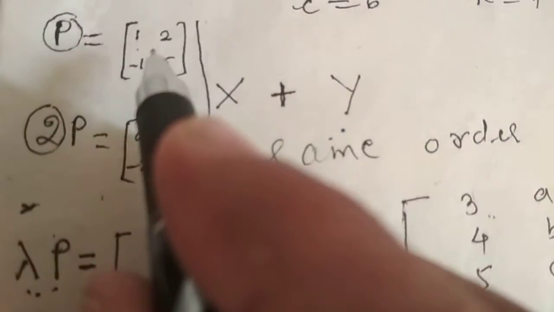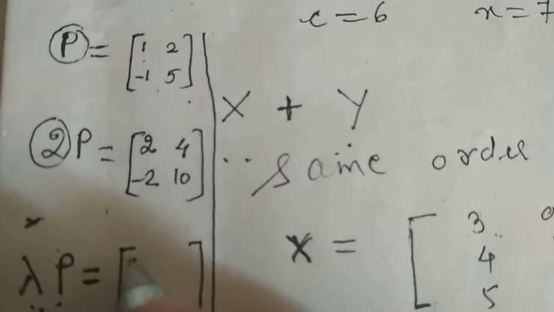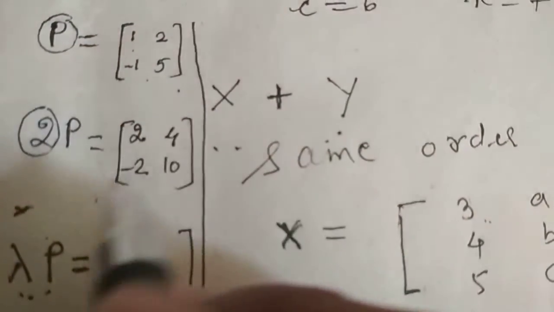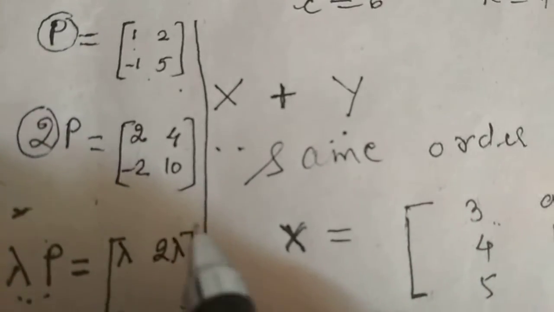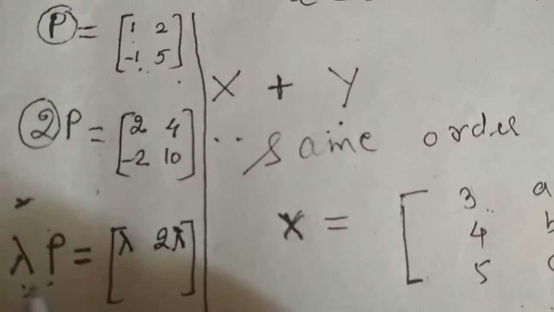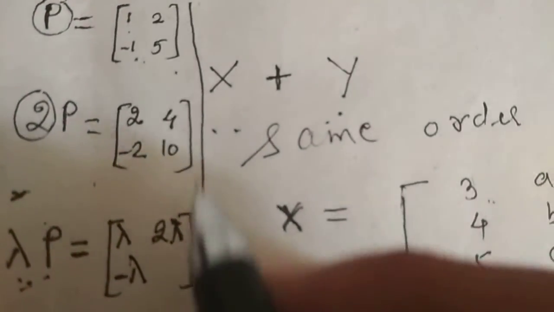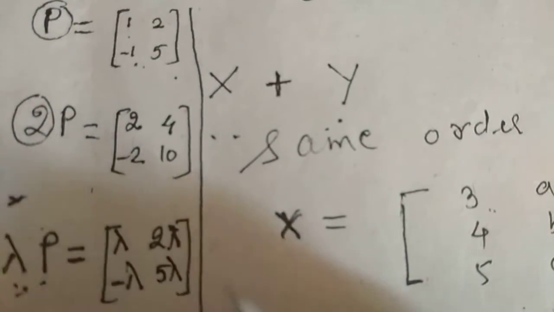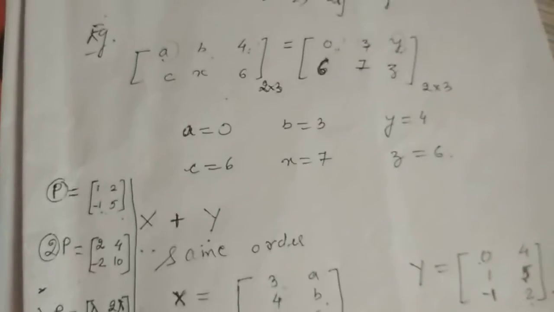So 1 multiplied by lambda is lambda, then 2 multiplied by lambda is 2 lambda, twice lambda. Then we have minus 1 multiplied by lambda, then it is minus lambda, and 5 multiplied by lambda, which is equal to 5 lambda. So students, I hope you have understood what is a scalar multiplication. Also you have understood the addition.